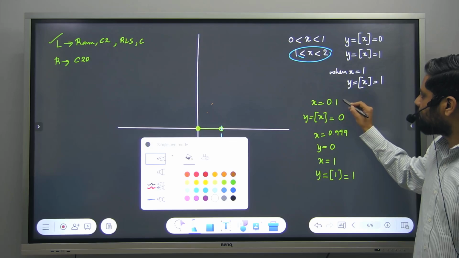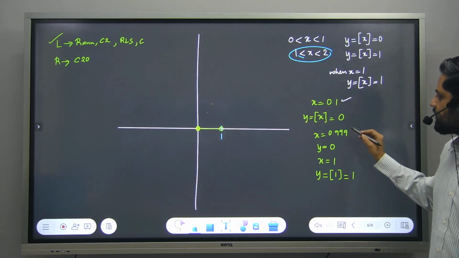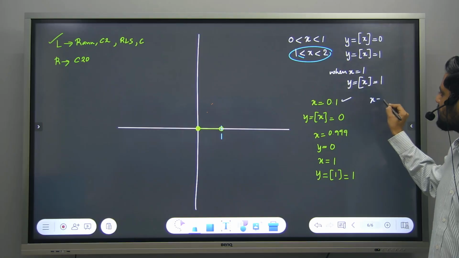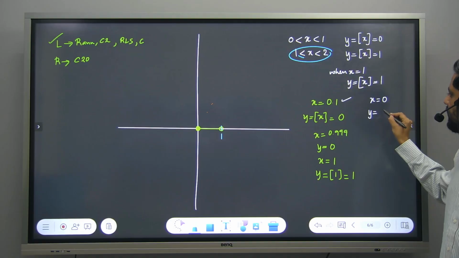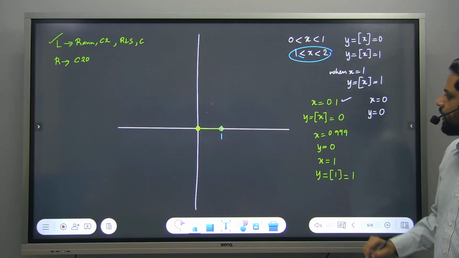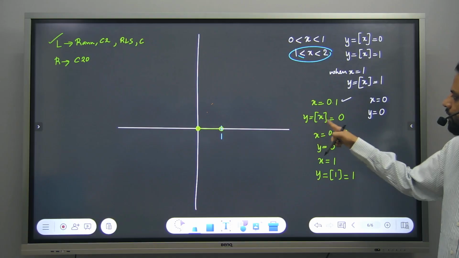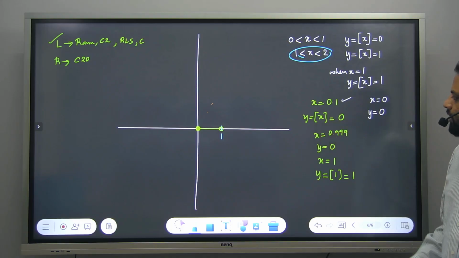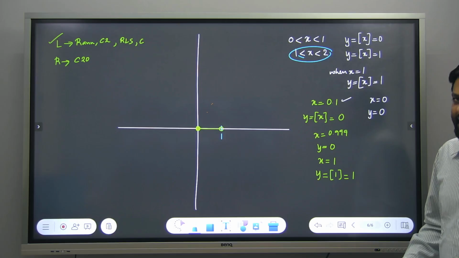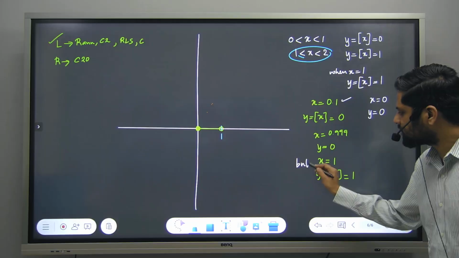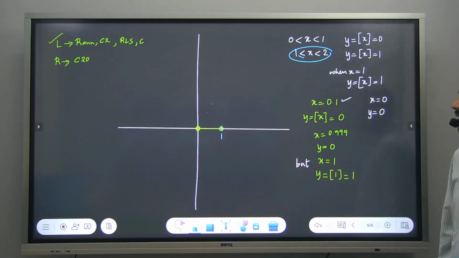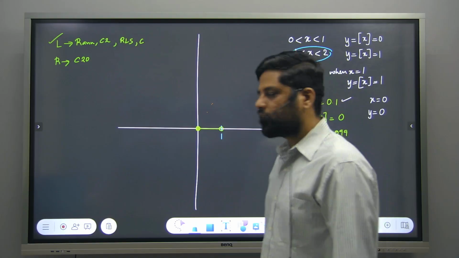When x is 0, y will also be 0. When x is 0.1, y will be 0. When x is 0.999, y is still 0. But when x is 1, y becomes equal to 1.